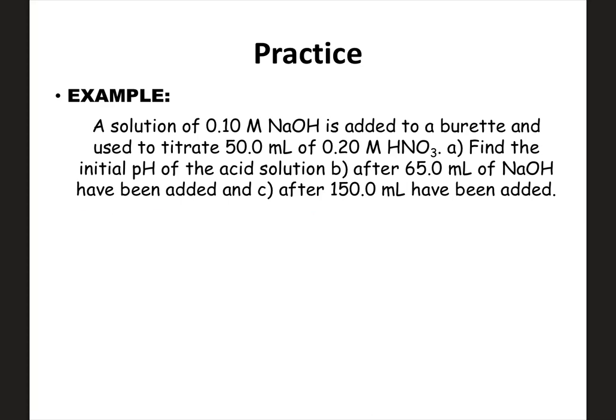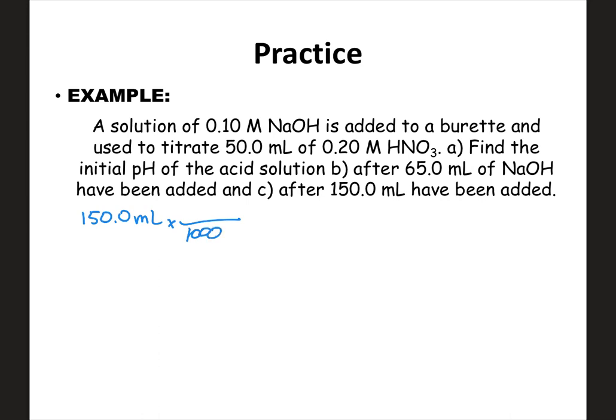Part C now wants me to calculate the pH after 150 milliliters of the base has been added to the acid. So I already know how many moles of acid I started with from part B. So now I want to figure out how many moles of base I added this time. So I have 150 milliliters of base that I added.